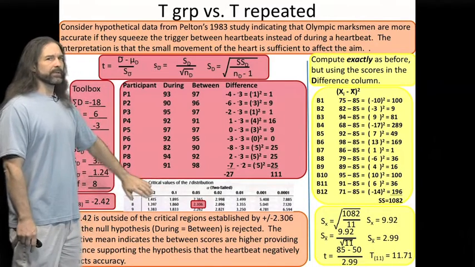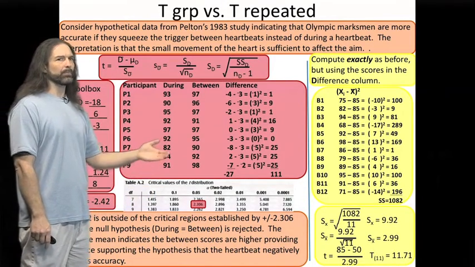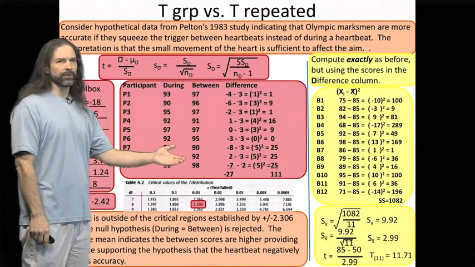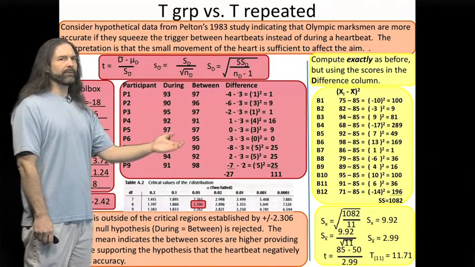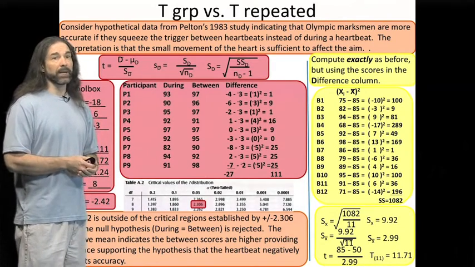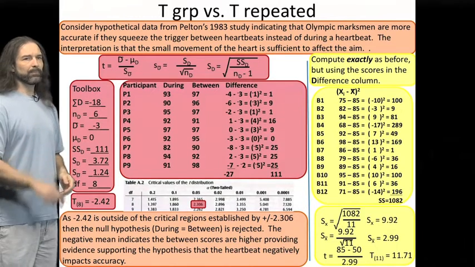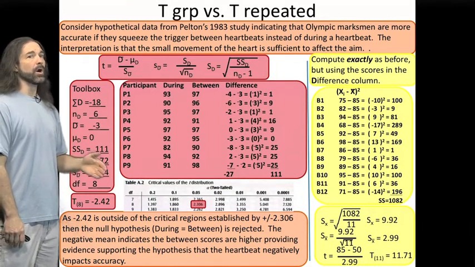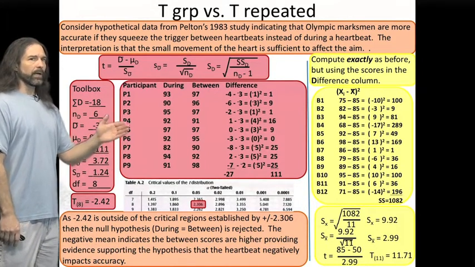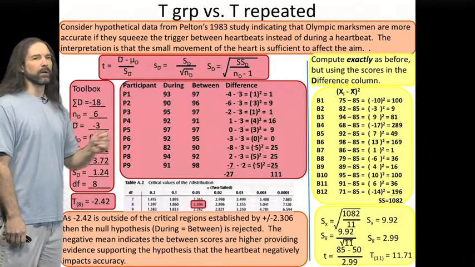Don't worry if this value here is positive or negative, because you have to interpret relative to the original numbers. So the between values are higher. Higher in this case indicates greater accuracy. So what does this mean? Our null hypothesis would be that there was no difference between accuracy if you were firing during the heartbeat and between the heartbeat.